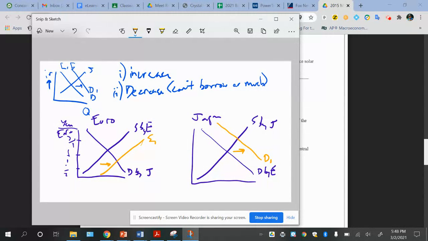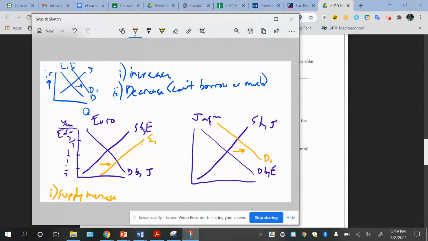Now, it's asking us, what happens in the market for the supply of euros? Well, we have that drawn here. We know that since the demand for the Japanese yen is going to increase, the supply of euros has to go up. So the supply of euros is going to increase, again due to better investment options.